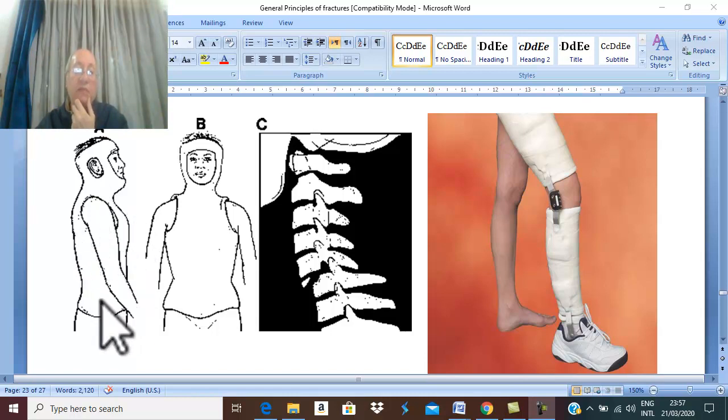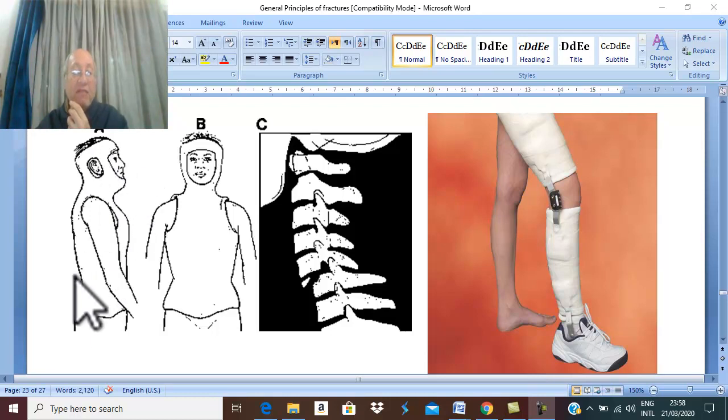Or plaster of Paris may be in the form of a jacket, to fix the thoracic or lumbar vertebrae, while a collar is used to fix the cervical vertebrae. And if we apply plaster of Paris to fix the head with the neck and the trunk, it is called Minerva.